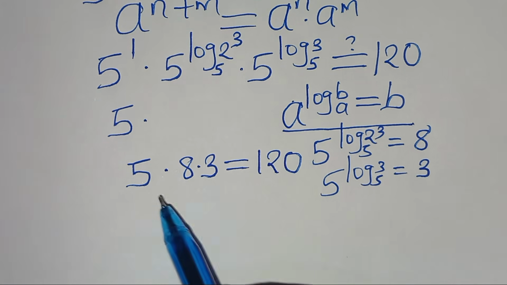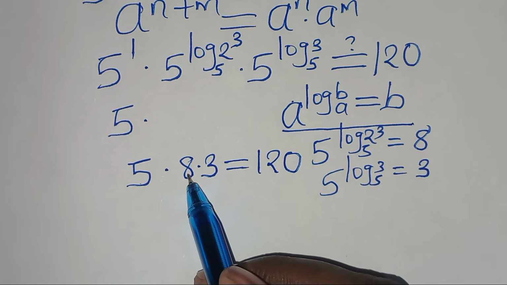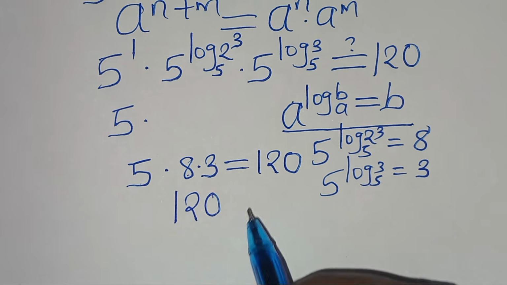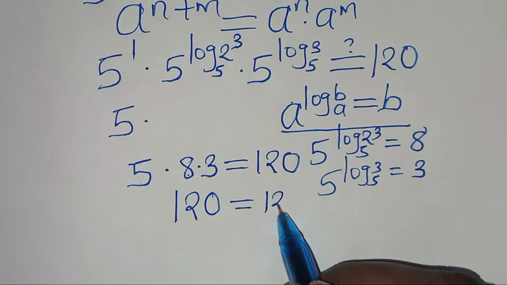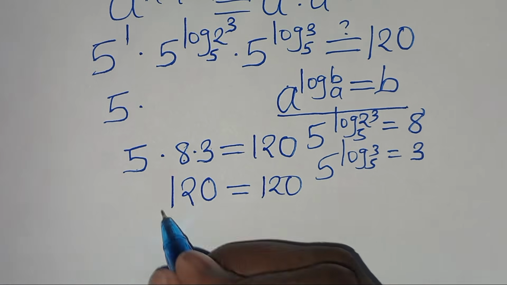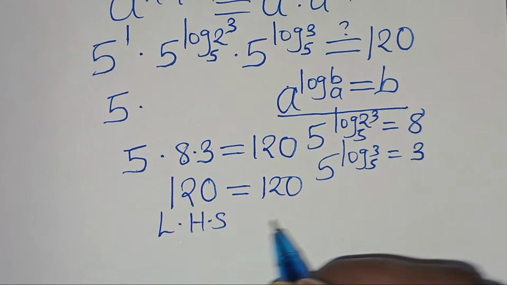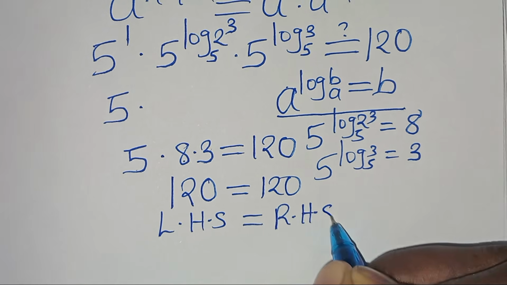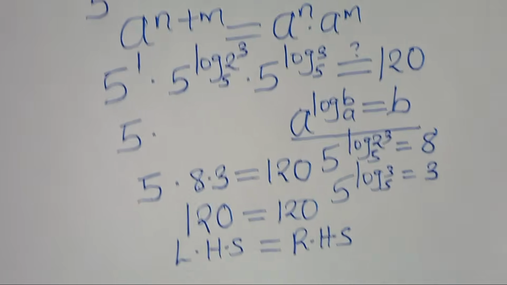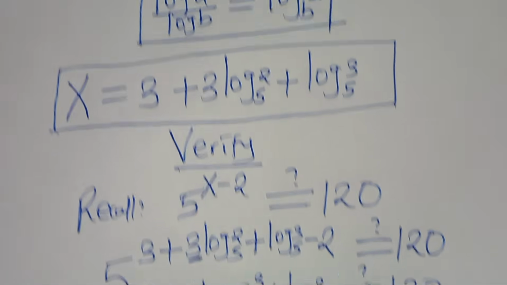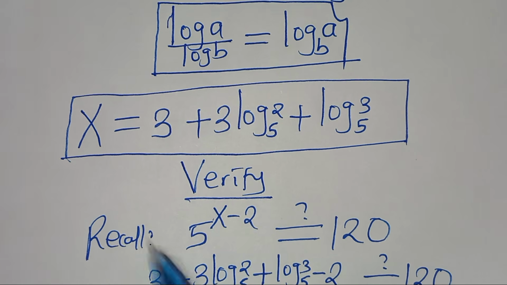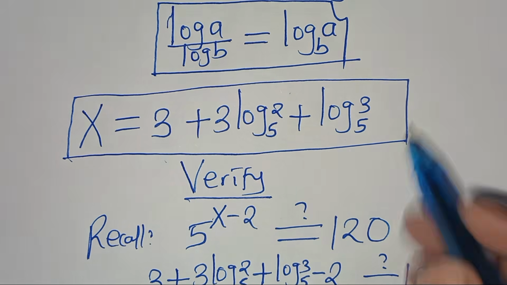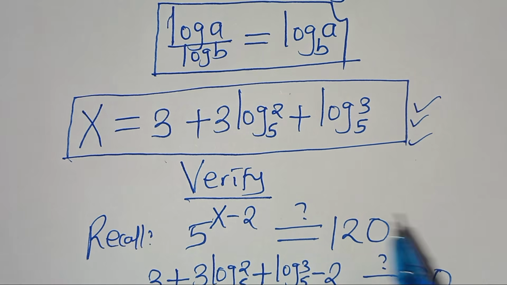So we have that 5 times 8 is 40. 40 times 3 is equal to 120, which is equal to 120. So the left hand side is equal to the right hand side. And this proves that the value of x, which is equal to 3 plus 3 log 2 to base 5 plus log 3 to base 5, satisfies the equation.